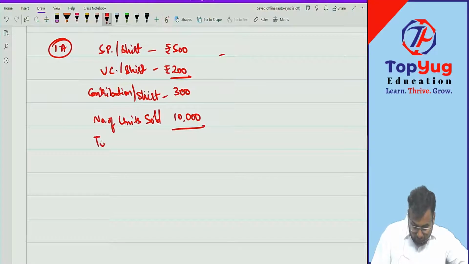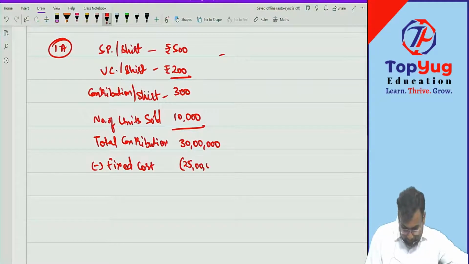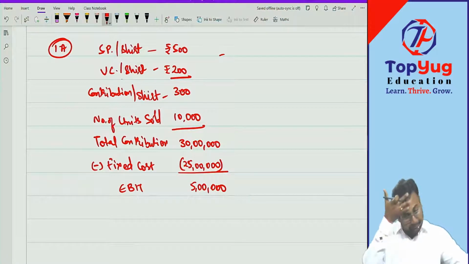So what is my total contribution? 30 lakhs. Now he says less fixed cost 25 lakhs, and I get my total EBIT of 5 lakhs. Are we all good here?